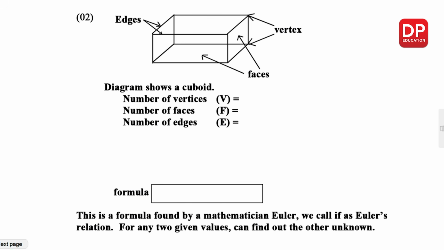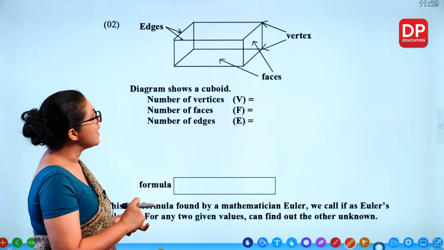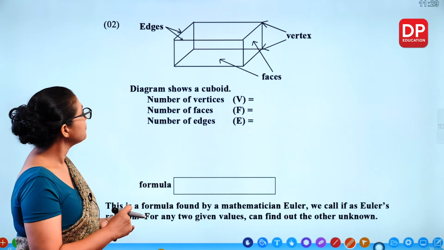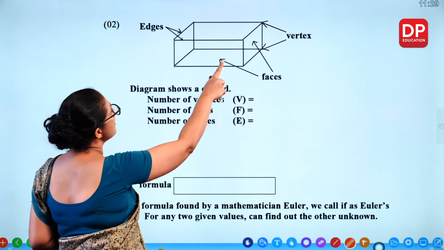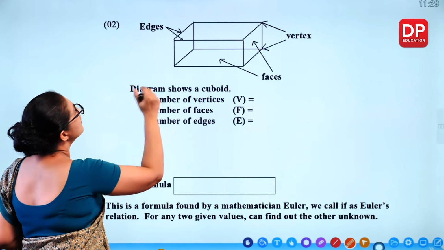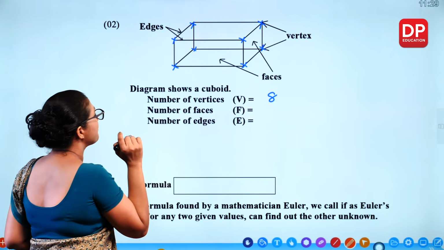Another formula. Now this is a cuboid. What's the relationship between faces, vertices and edges? Now in this cuboid, number of vertices, we'll count 1, 2, 3, 4, 5, 6, 7, 8. 8 vertices are there.